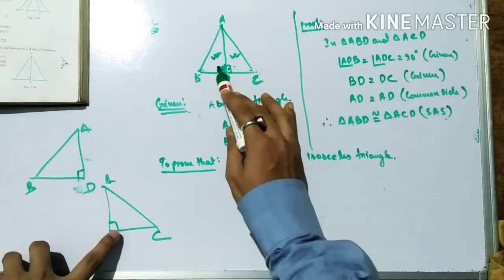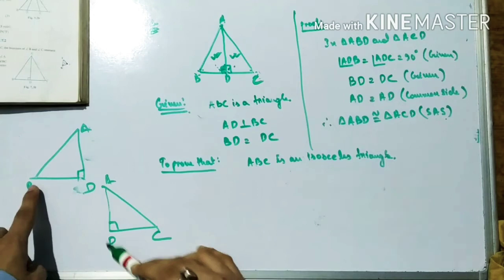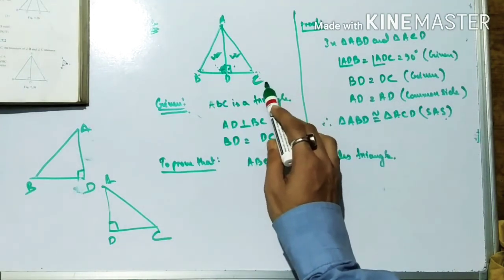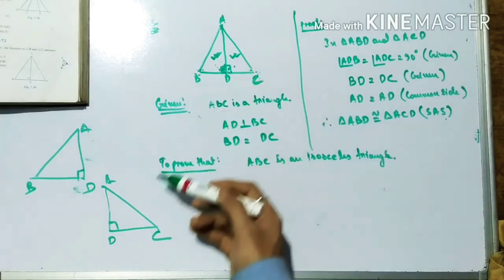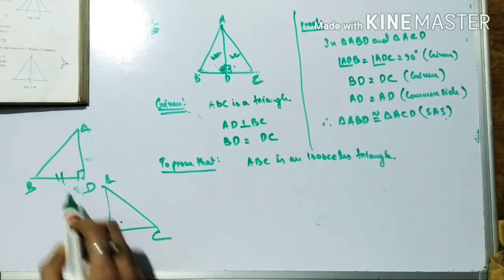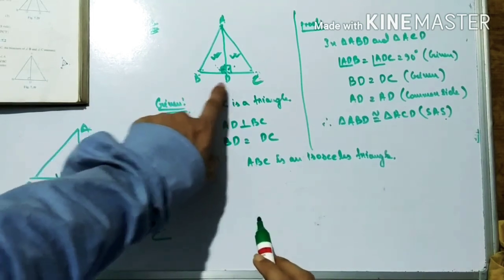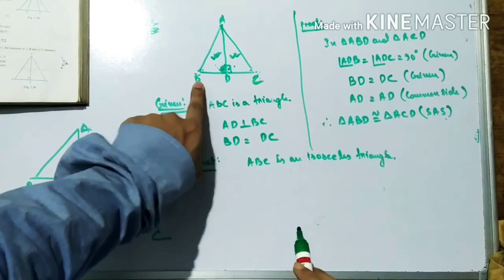Why are they equal? Because AD is the perpendicular bisector of BC, or you can say this is given. And then next I showed BD equals DC, because AD is the perpendicular bisector of BC.